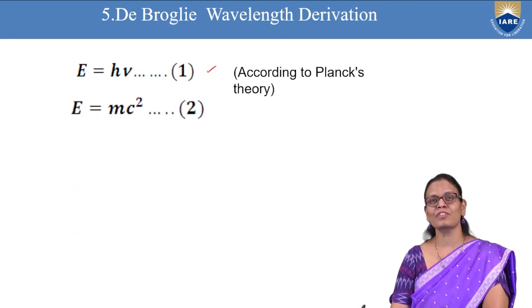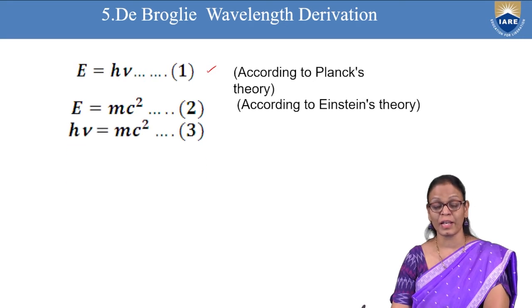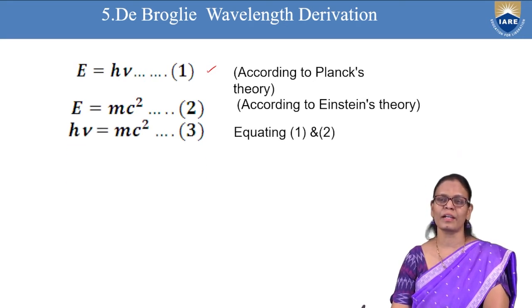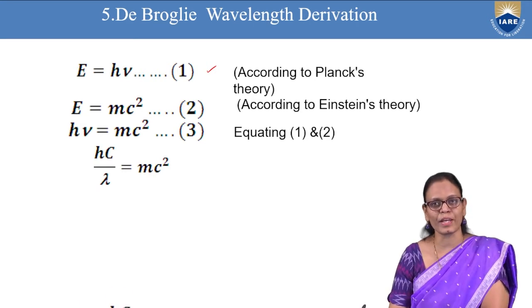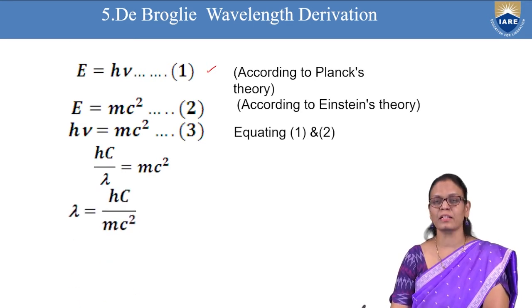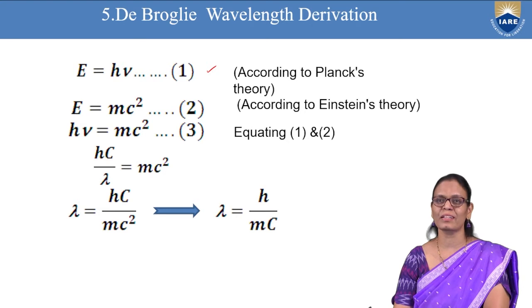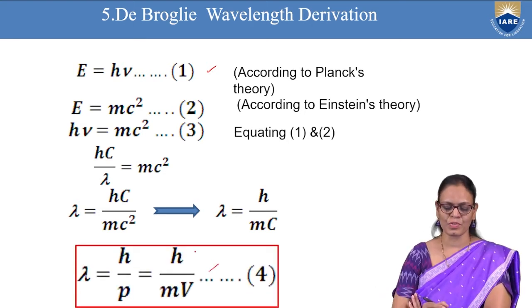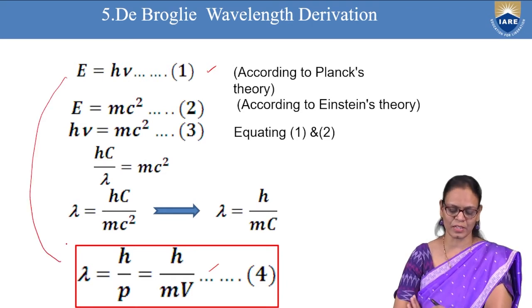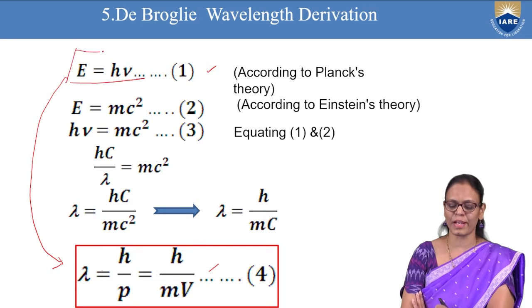We have E is equal to mc square according to Einstein's equation, and we equate both and get hc by lambda is equal to mc square. Rearranging the terms, we get lambda is equal to hc upon mc square, and then lambda is equal to h upon p or h upon mv. So they are asking how you get the formula for lambda from E is equal to h nu.